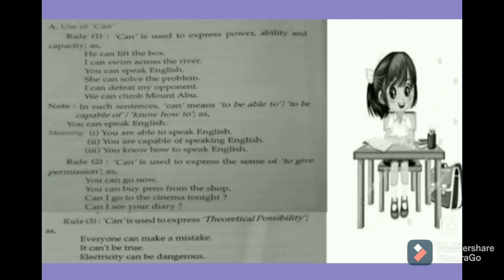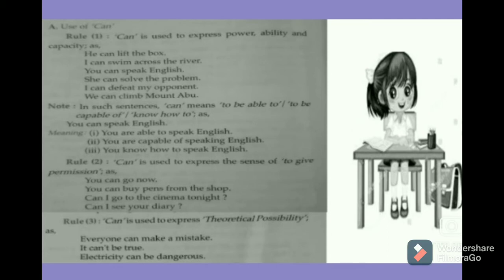As you can see in the examples, he can lift the box. I can swim across the river. You can speak English. She can solve the problem. I can defeat my opponent. We can climb Mount Abu. So in these sentences, can is showing ability.